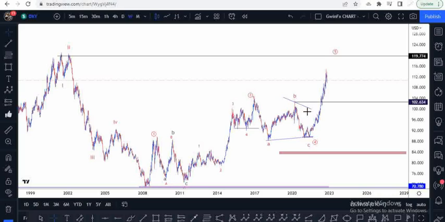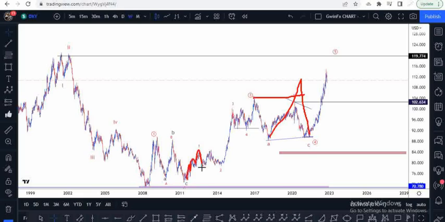This kind of flat is often not really seen in the market as often as we would want, because most of the time the other version of the flat has the B moving into maybe this territory or just slightly above before we could be working out a C. However, this fits the bill because it's a flat pattern that started after this leading structure.